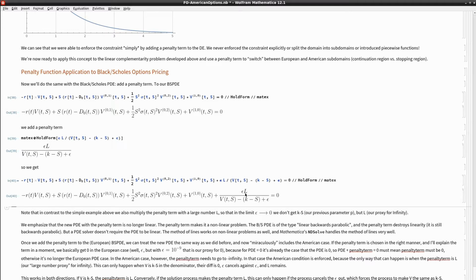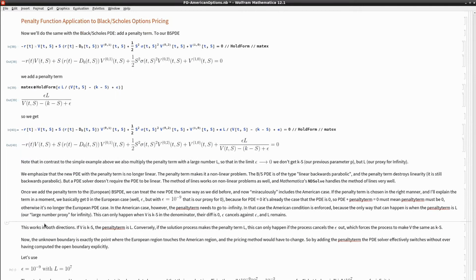So if that is supposed to be 0 when we're adding it to the European PDE, that means L goes to infinity, and the rest of the European dynamics, the rest of the Black-Scholes PDE, is getting crushed to minus infinity. So that means the difference is 0, the epsilons cancel out, and only L remains, right? Infinity.